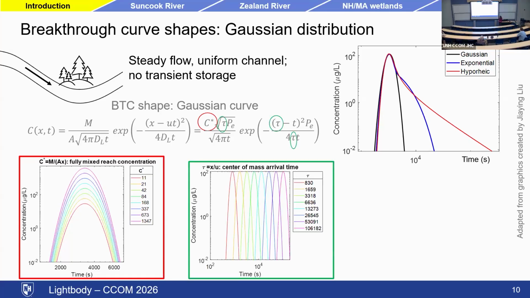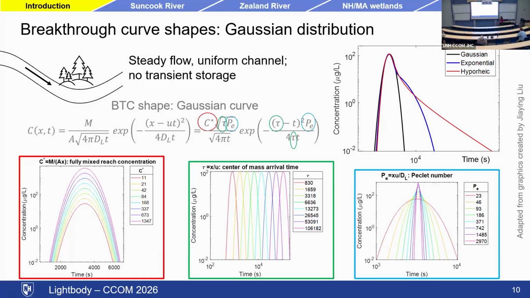If you increase the center of mass arrival time, then you arrive later. Makes sense. The curve is shifted laterally. And if you increase the Peclet number, the influence of spreading, the curve is much wider and the peak concentration is reduced to preserve mass within the curve.